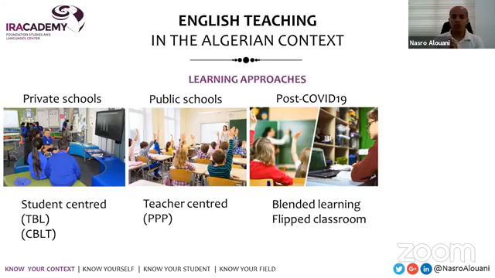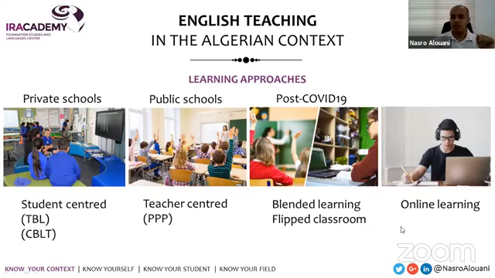So this is mostly used in the university atmosphere where students are mature enough to do that, and they learn the content. When they go to the classroom, they apply. So they have the teacher when he is most needed. This is the importance of the flipped classroom, and I think this is a brilliant one. It's the most appropriate one if we can manage to do that, of course.